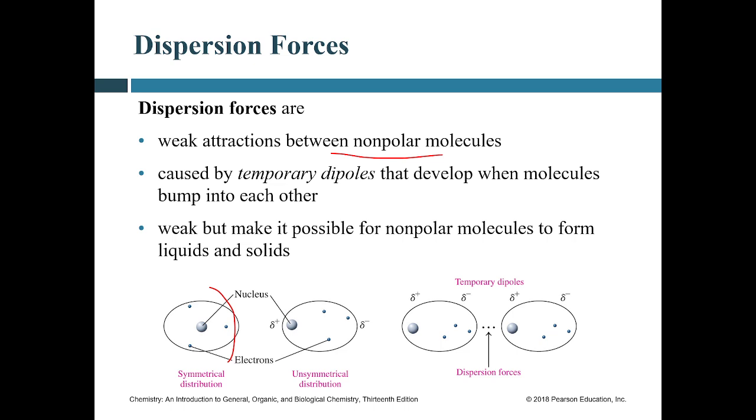Their electrons will get pulled over for one. It will match the positive charge of the other. Once that starts reversing, it's going to reverse the other way. These electrons will repel each other, and so they'll move. And then they line up again, don't they? Yeah. And so temporarily, just for a few nanoseconds, you're going to have a matchup, and they're going to pull themselves together. Kind of cool, huh?